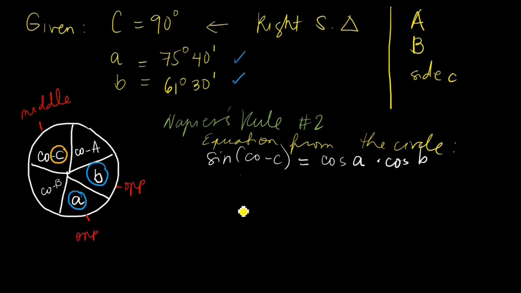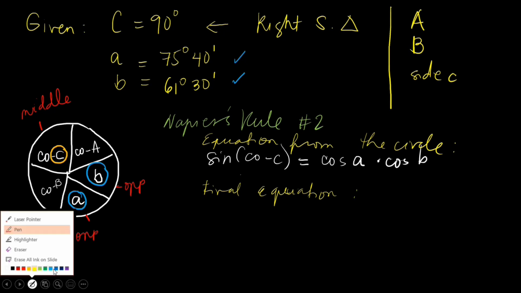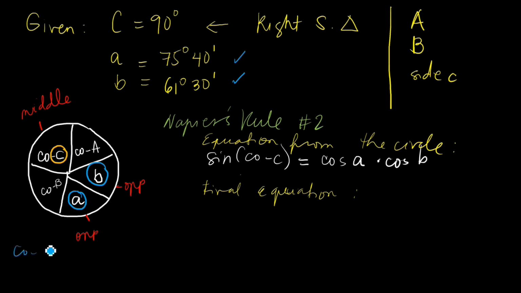Next, let us have our final equation. For our final equation, you need to remove the CO. In removing the CO, remember for the cofunctions, if you have sine, you replace it with cosine and vice versa. If you have tangent, replace it with cotangent and vice versa.